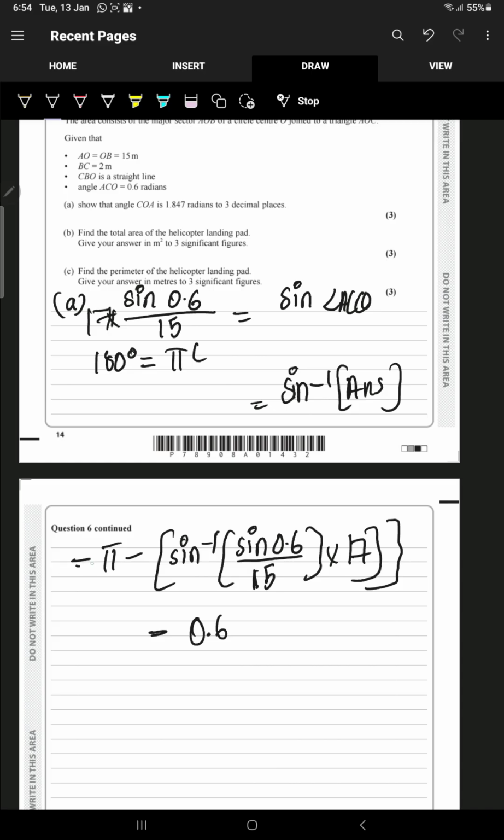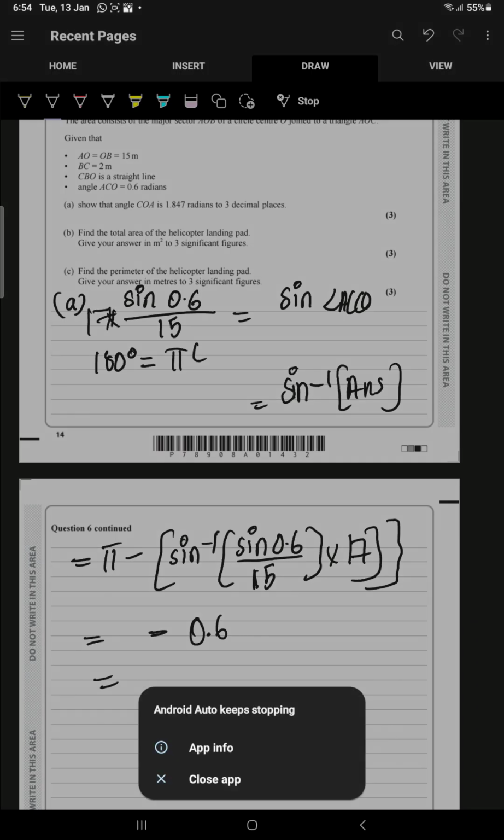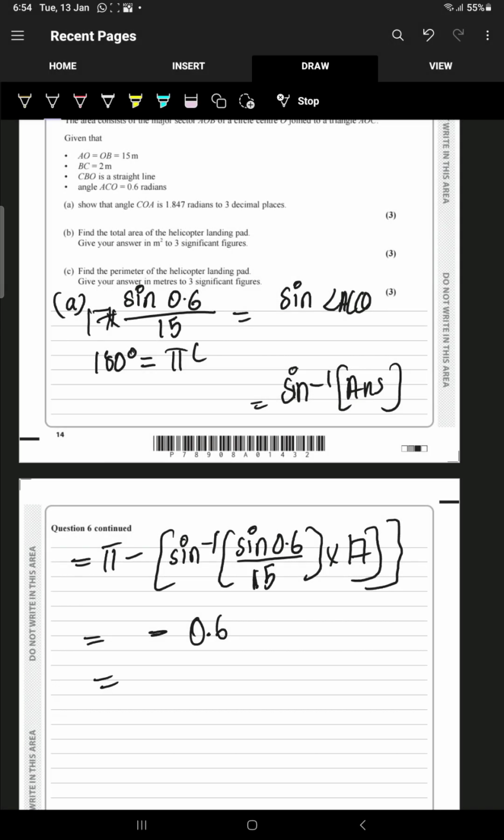Now it is in radians, so make sure you convert your calculator into radian mode, because there's a high chance that you may make a silly mistake. So sine of 0.6 over 15, times 17, minus 0.6.